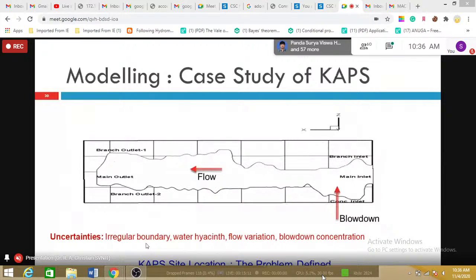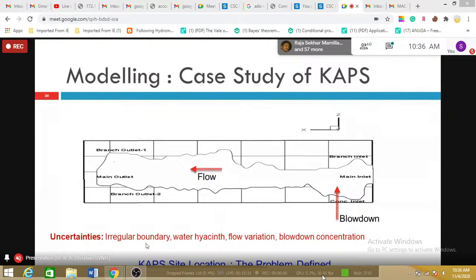There was a lot of water hyacinth growth in the canal, and water hyacinth is a floating plant, and it keeps on getting detached and flows with the stream, and that boundary of the water hyacinth keeps on changing.